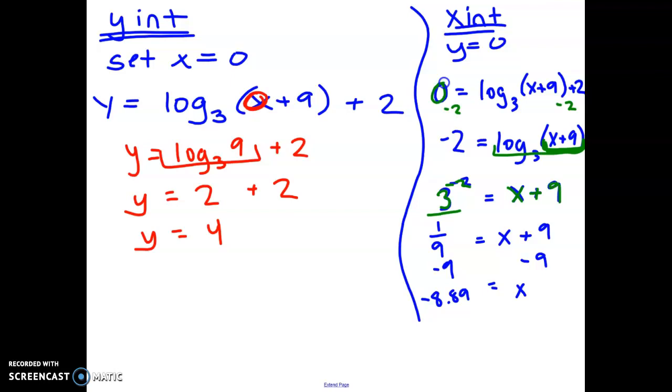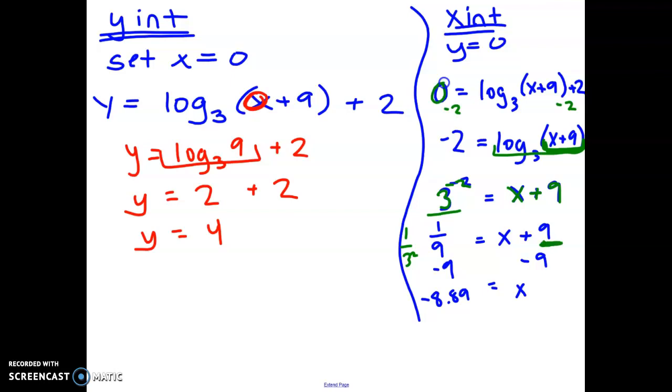Now, 3 to the power of -2, you could calculate that on your calculator if you wanted to. You'd get a small decimal number. Or you could think, okay, 3 to the power of -2 is like 1 over 3 squared, which becomes 1 over 9. So we have 1 over 9 equals then x plus 9, and then I need to move this 9 to the other side.